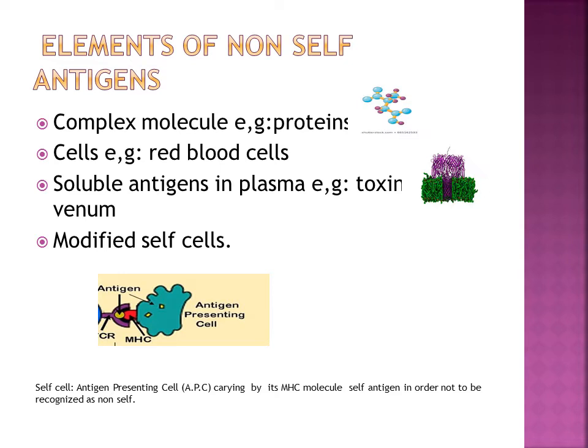Modified cells are cells that were normal, and under genetic mutations, these cells carrying self-HLA and self-peptide will undergo modification and lead to the transformation into a modified cell carrying self-HLA and synthesizing non-self protein, like a cancer cell.